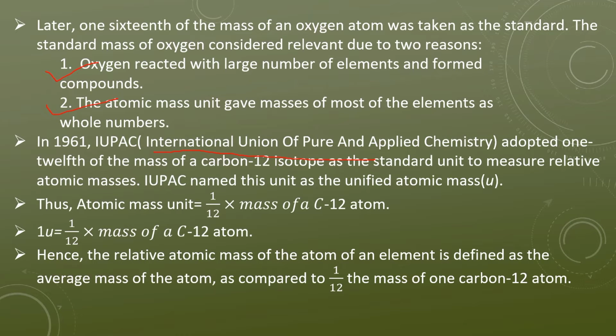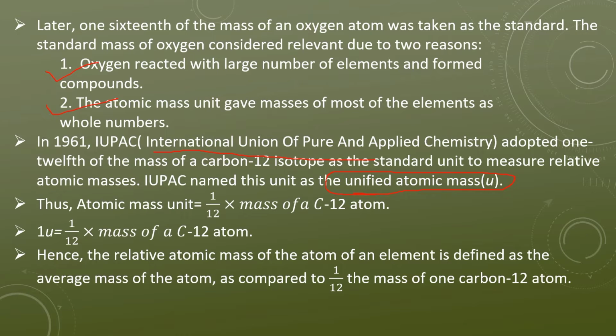The SI unit of atomic mass should be represented by the unified atomic mass, denoted by the letter U. Thus 1 U is equal to 1 by 12 into the mass of carbon 12. So this is how we calculate.